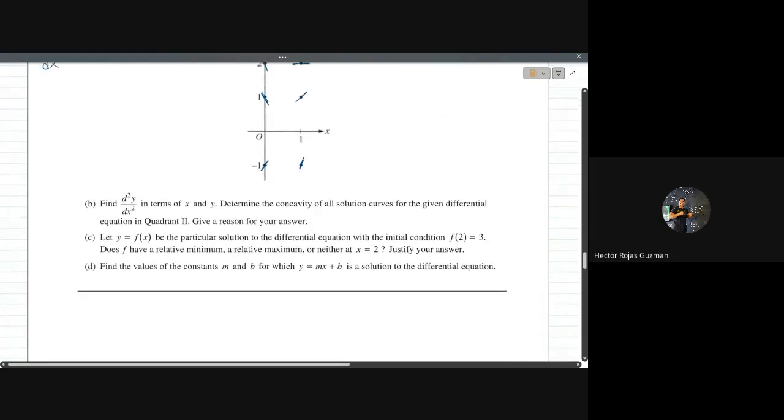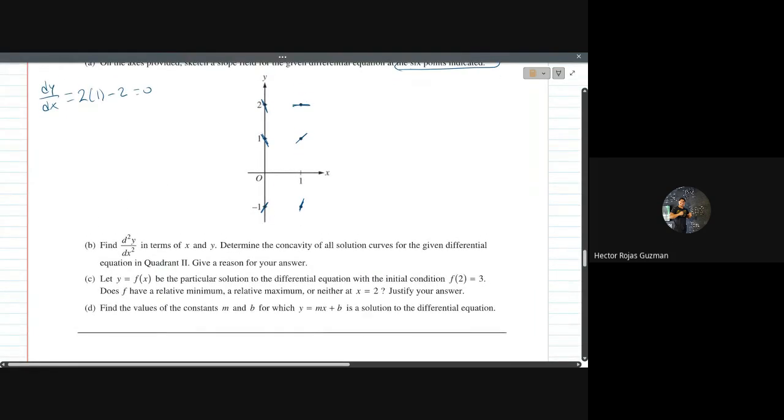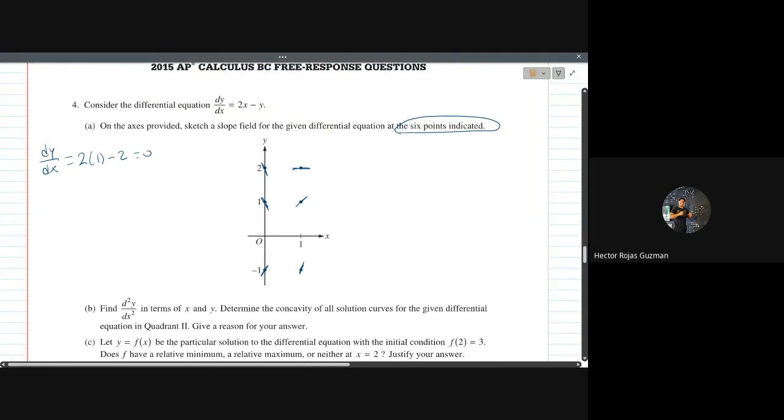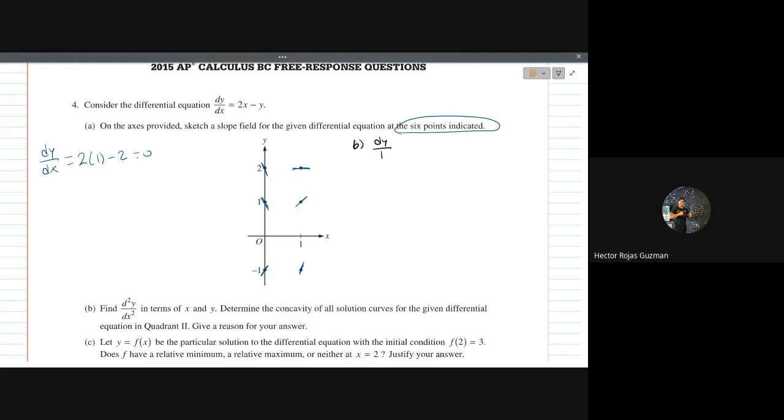B, find the second derivative in terms of x and y. And we already have the first derivative, dy dx equals 2x minus y. So the second derivative, because we're taking a derivative with respect to x, is 2 minus dy dx. Some people wrote dx dt or something else.